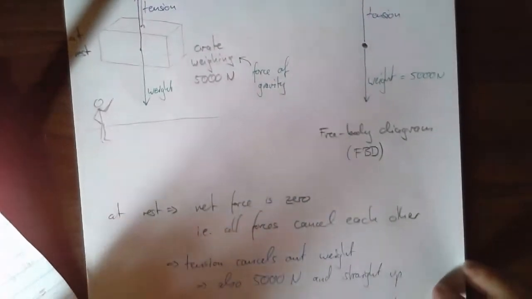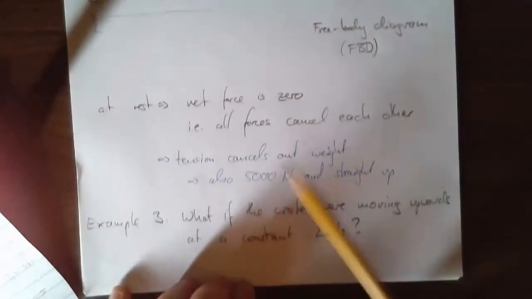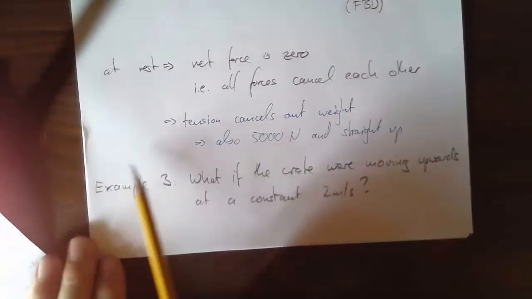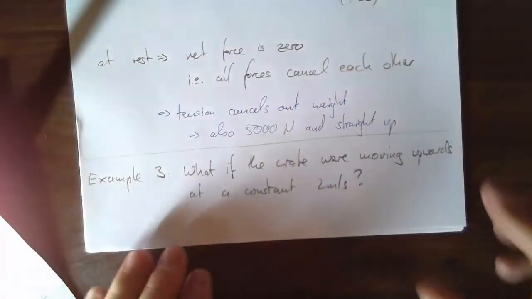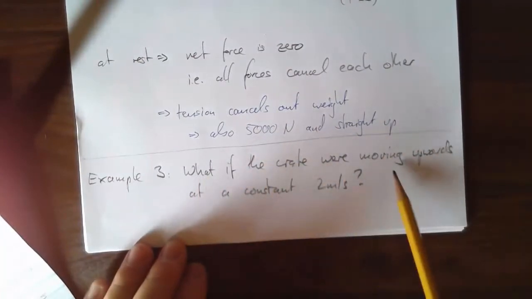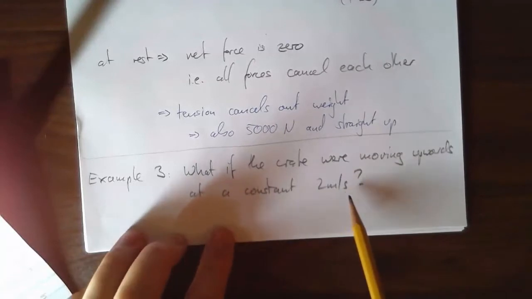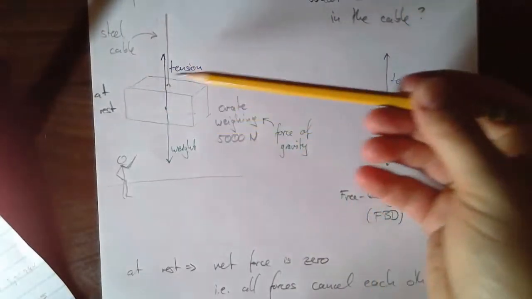What we're going to do is assume that again there's a crate on a cable, but now, example 3, you can totally put it underneath example 2. Same situation, but what if the crate were moving upwards at a constant 2 meters per second, right? So here, the crate was just hanging still.